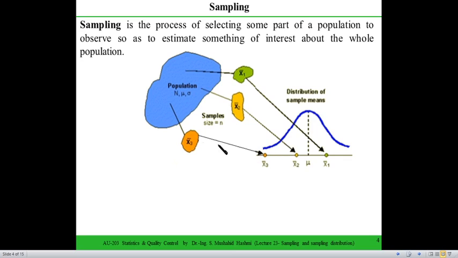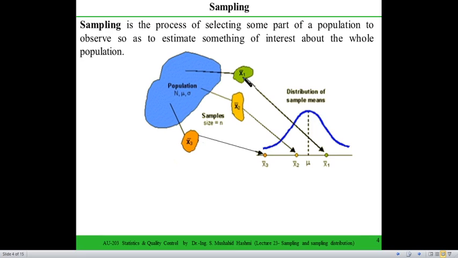So if we look at the distribution of those sample means, then the first sample mean x1 bar is plotted here, x2 bar is plotted here, x3 bar is plotted here, and here n is the size of each of the samples.